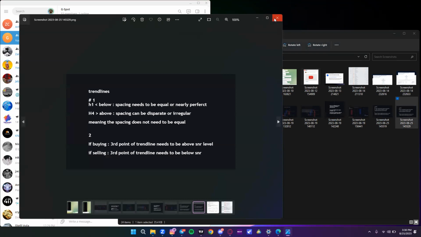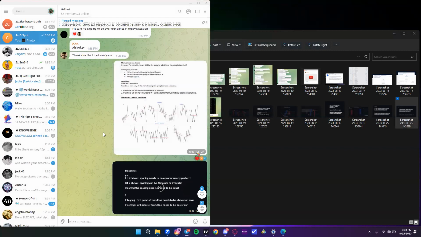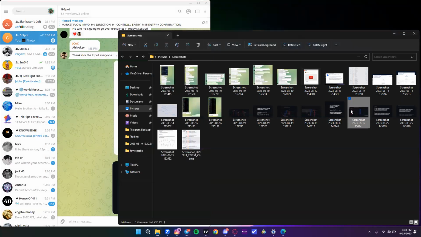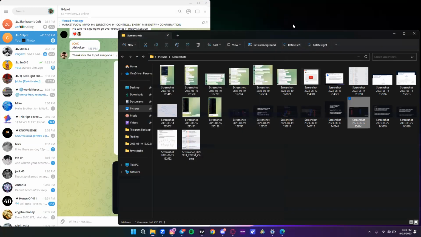Trend line walls. See, this is important.